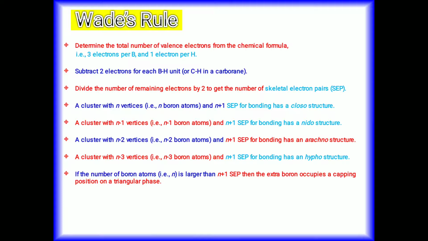A cluster with n minus 3 vertices, n minus 3 boron atoms, and n plus 1 SEP for bonding has a hypho structure. If the number of boron atoms n is larger than n plus 1 SEP, then the extra boron occupies a capping position on triangular faces.